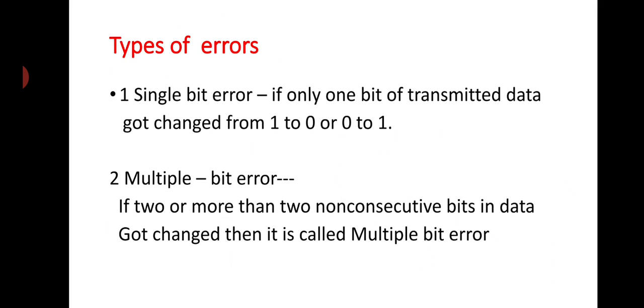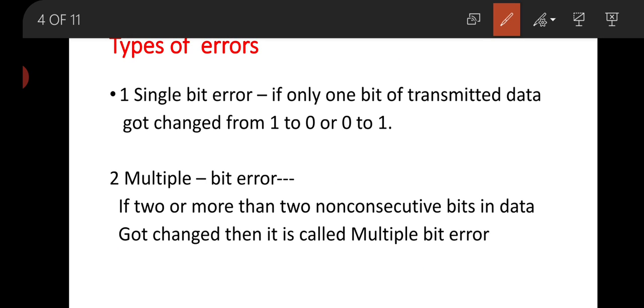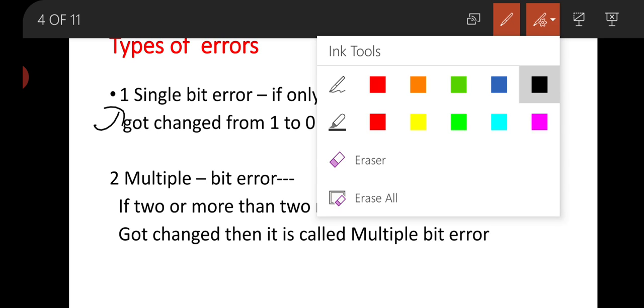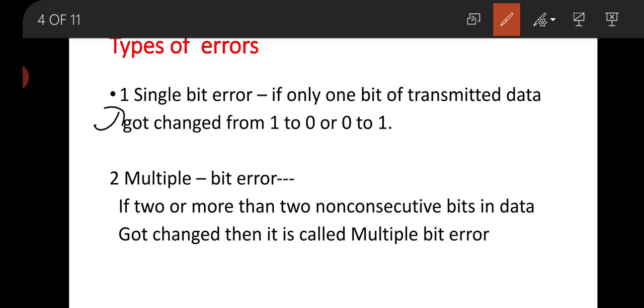So next, come to the next point, types of error. Here first is single bit error. If only one bit of the transmitted data got changed from 1 to 0 or 0 to 1, that means there is only one change in only one bit.